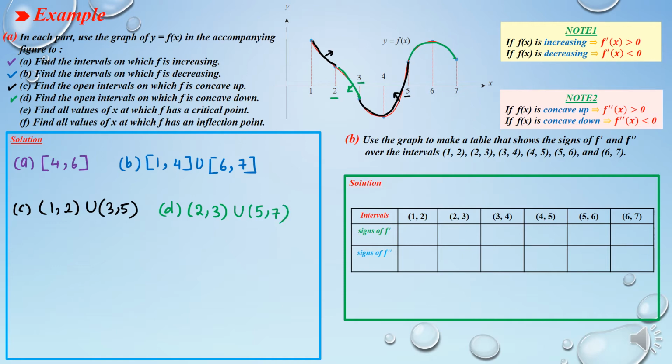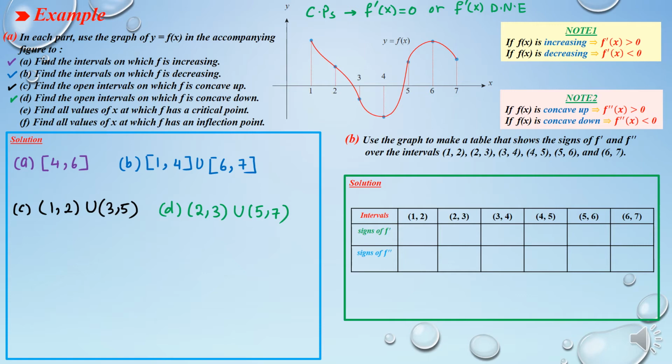Now in part E, find all values of x at which the function f has a critical point. Critical points means f prime of x equal to 0 or f prime of x does not exist, and x must be in the domain of the function.